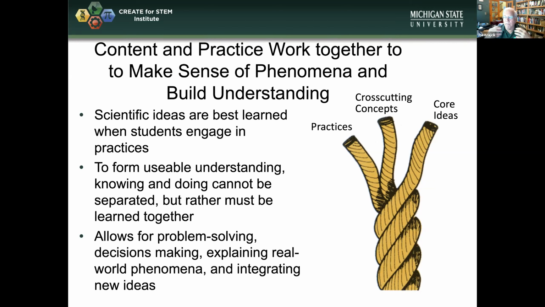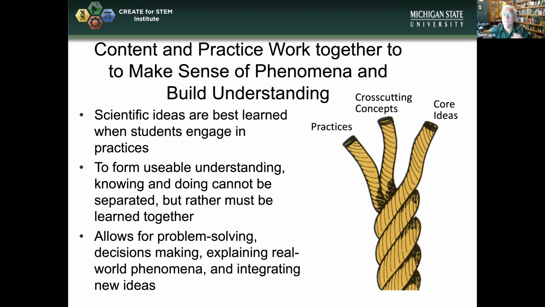And certainly having really rich science ideas is important, but if you don't know how to apply the practices, then you can't figure out something new because you don't know how to design a model to say, does this actually account for everything? So the 3 dimensions work together to make sense of phenomena and build understanding. And so I like to use this analogy of a rope. Often ropes are made up of various strands, and a strand gives you something. You get some strength out of a strand.